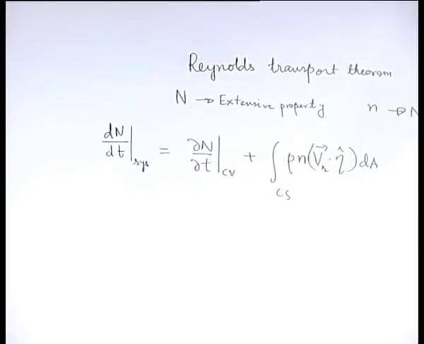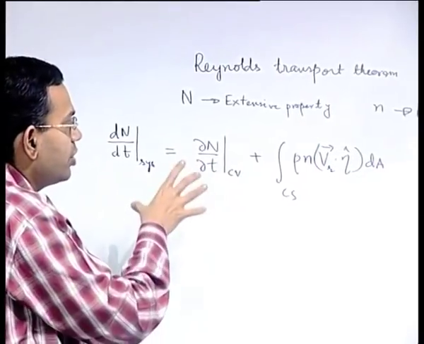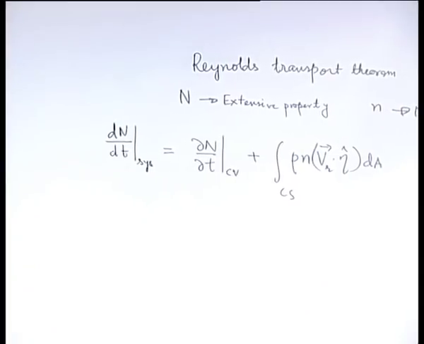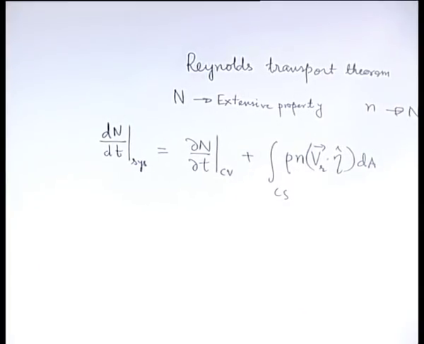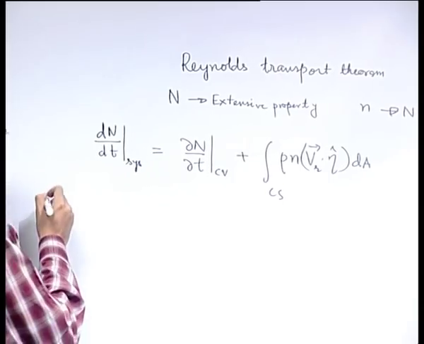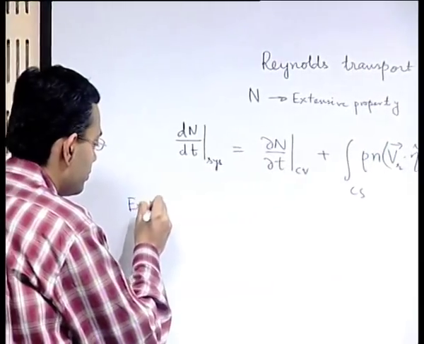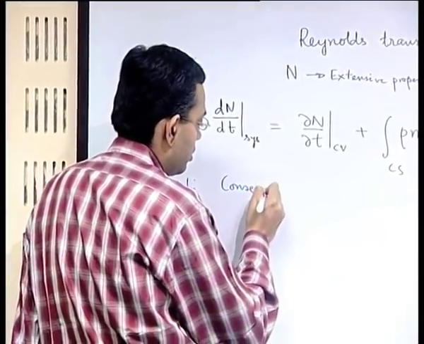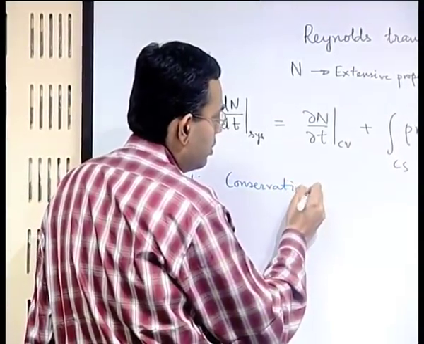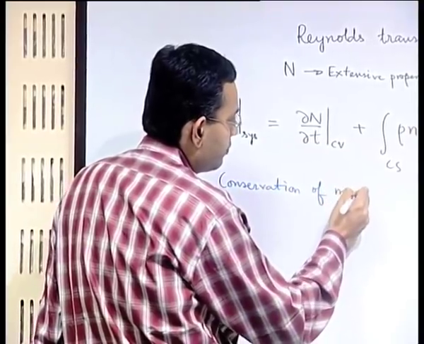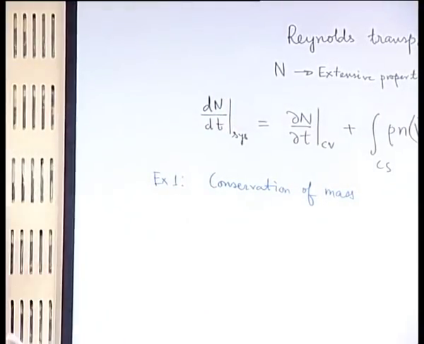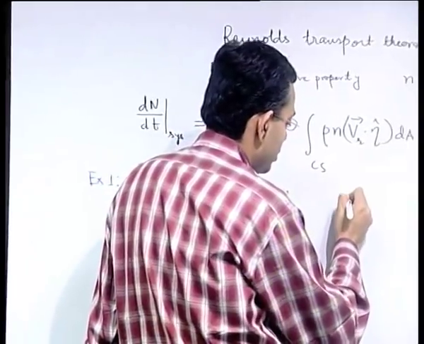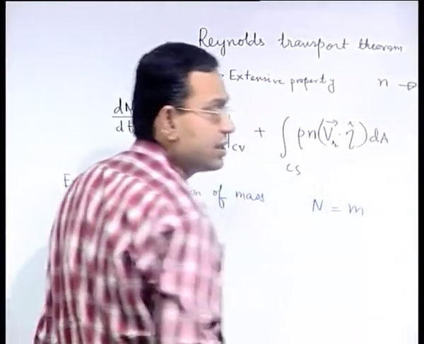Now, if you want to use this particular principle for various conservation laws, let us see what the outcome is. We consider first example, conservation of mass, where capital N is equal to the total mass of the system.